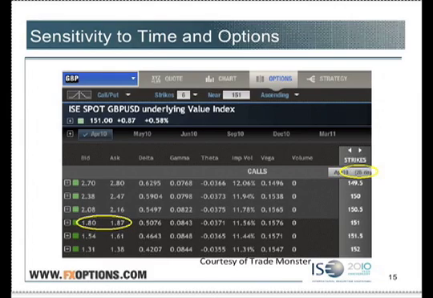So because the longer-term calls are more valuable to you and to every rational trader, they have more value. So the March of 2011 calls will be worth more, much more, than the April 2010 calls. Okay, now if you've kind of tooled around in the option chain a little bit, you figured that out already.